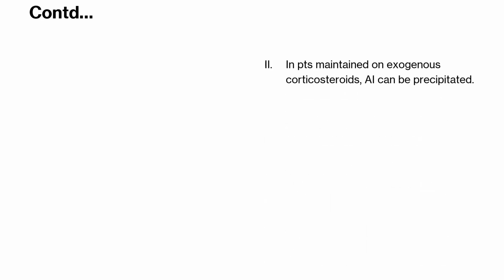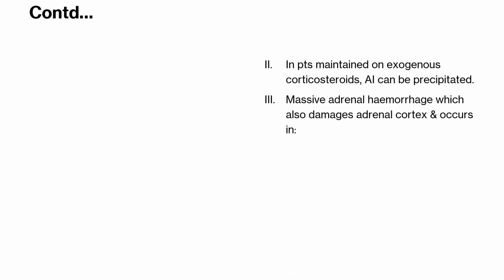And in those patients, if exogenous corticosteroid is given, that also results in precipitation of the condition, because we know exogenous corticosteroids result in feedback inhibition of ACTH secretion, which often results in atrophy of the adrenal gland, and that results in reduced production of cortisol as well as other hormones from the adrenal cortex.